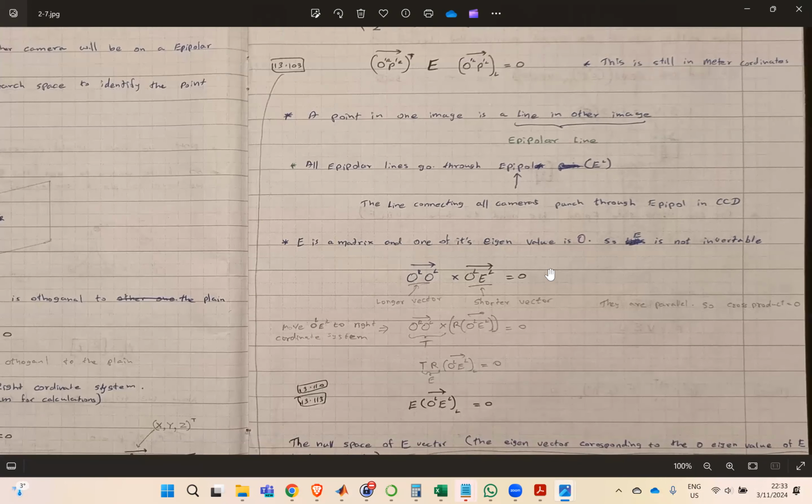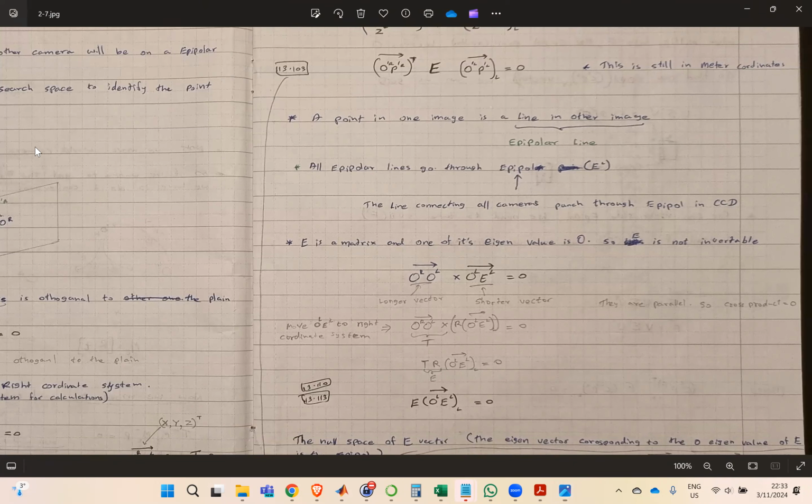There is one more thing. A matrix can be invertible if none of its eigenvalues is 0. When we take the SVD, we get three matrices, U, S, V, and all the eigenvalues sit in S. If one of these eigenvalues is 0, then it is not an invertible matrix.